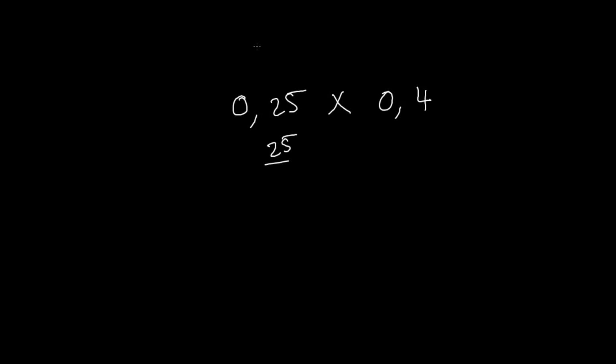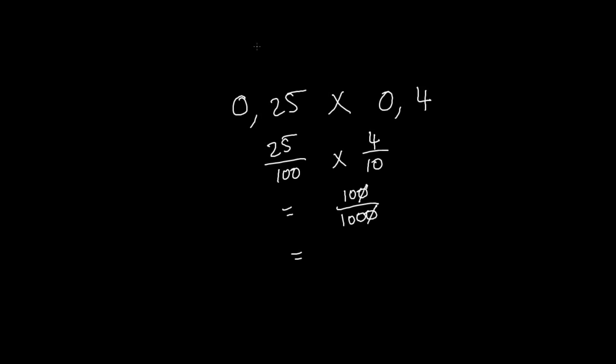So this is 25 over 100. I convert it to a fraction, times 4 over 10. That is equal to 25 times 4, which is 100 over 1000. Now we can convert this into a decimal.